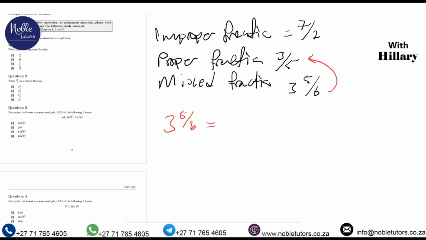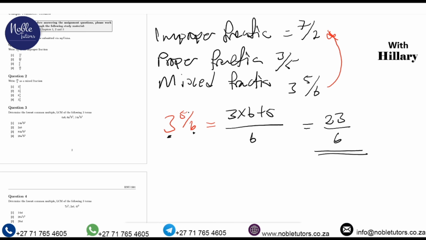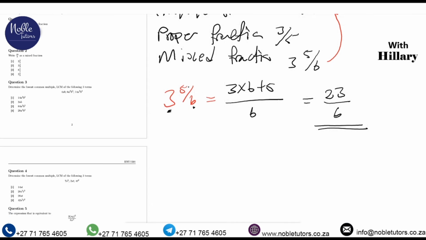So we say 3 times 6 plus 5, over 6. That gives us 23 divided by 6. That's our improper fraction.